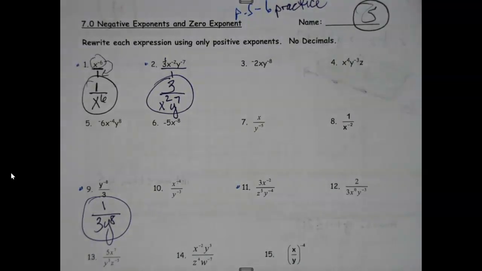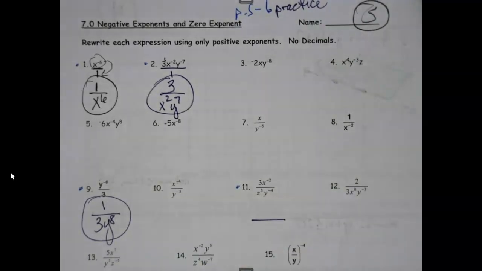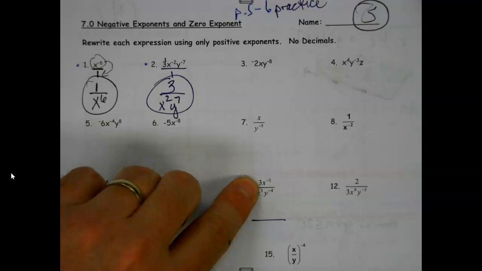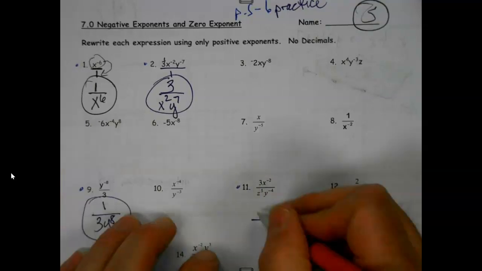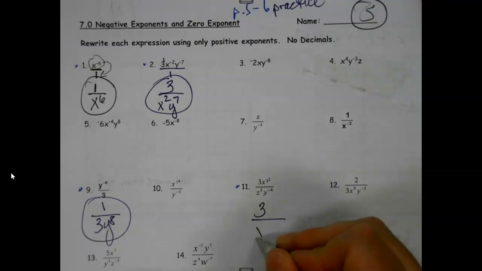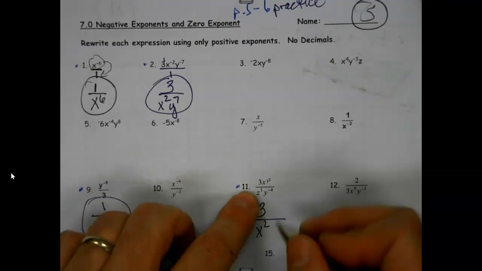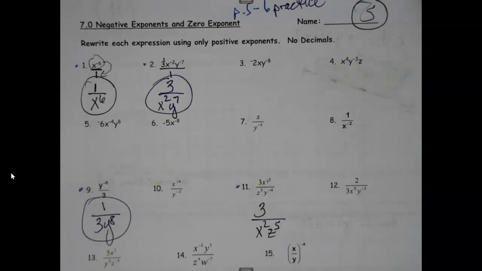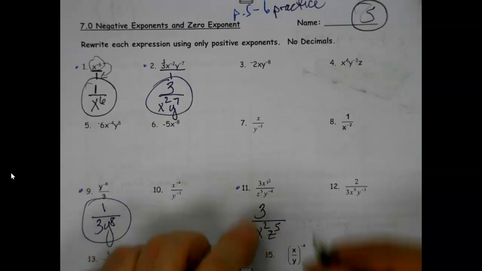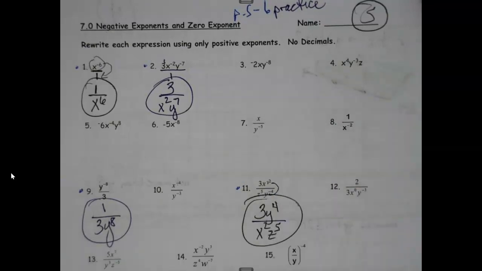So you see how all we're doing every time is checking. Not a negative exponent. Leave it alone. Negative exponent. Flip that sucker. Positive exponent. Leave it alone. Negative exponent. Flip that sucker. We're good.